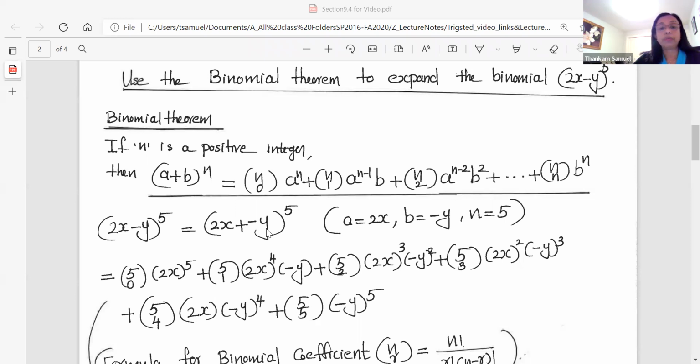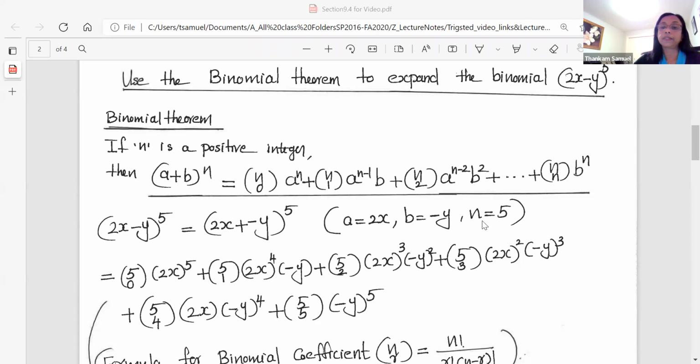Negative y to the 0 is 1, so it is not shown here, because 1 times any quantity is the same quantity. So let's use this binomial theorem to expand (2x plus negative y) to the 5th power.